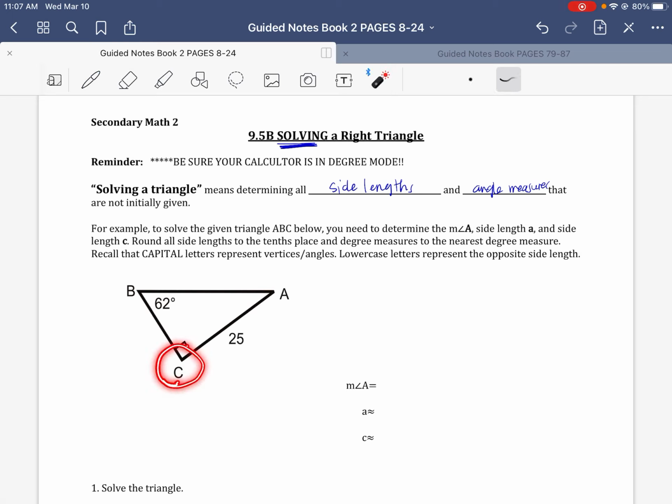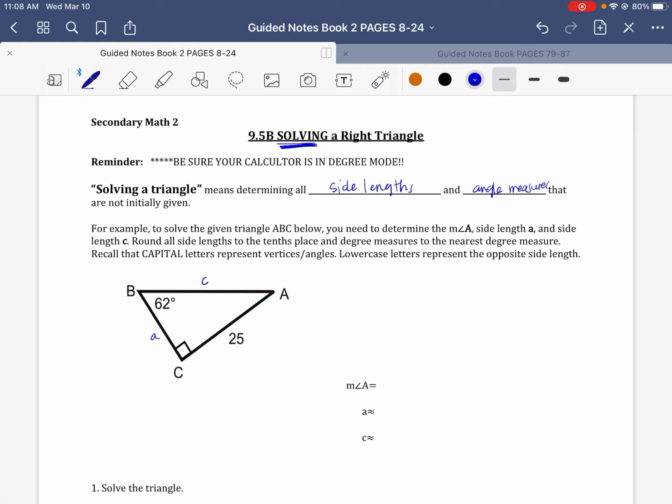So if capital C is this vertex right here, then the side opposite of it is little c. If angle A is over here, then this would be considered little a. So here's little a. We're going to have to find lengths little a, little c, and angle A. So we've written them all right here to help us identify that's what we're looking for.